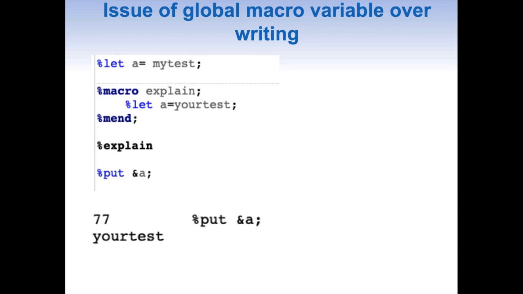This is a serious problem, especially when you are trying to build a lot of macro variables inside and outside of the macro. The conflict between the macro variables is real and it's problematic. Now how can you avoid this so that this macro variable will not go and update this value?